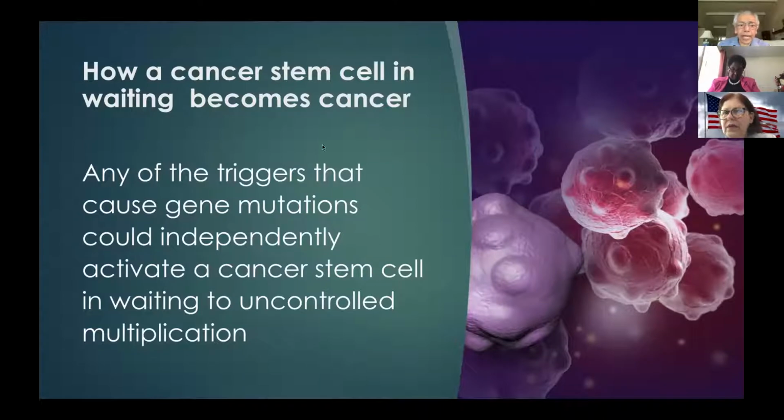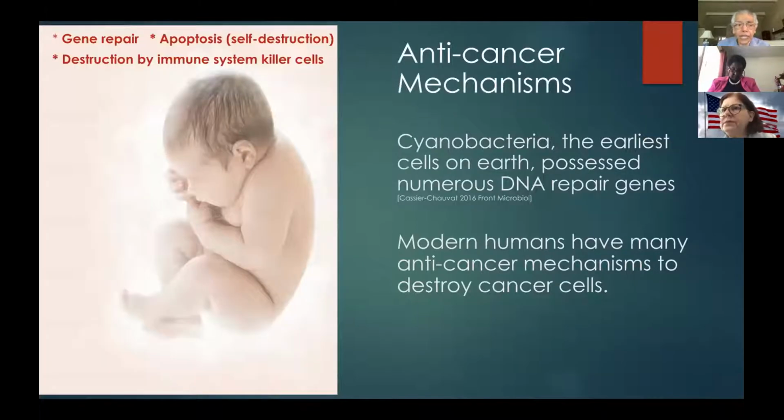Now, when a cancer stem cell is in waiting, anything that triggers the mutation, the same elements can also trigger the cancer stem cell to uncontrolled cell multiplication. Nature, however, is very aware of this thing happening, and nature has put in anti-cancer mechanisms in every one of us.